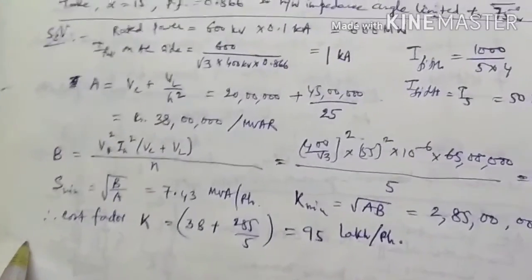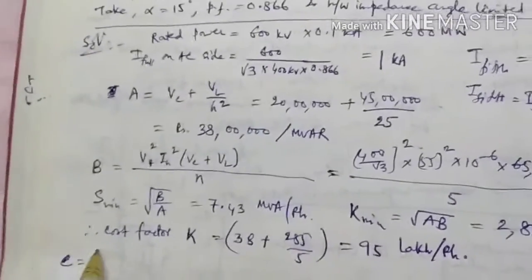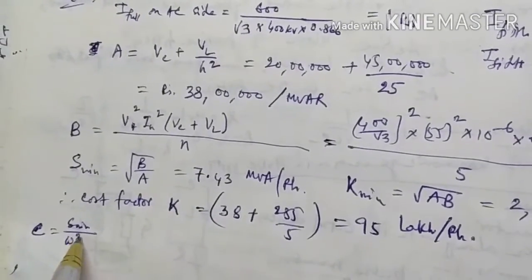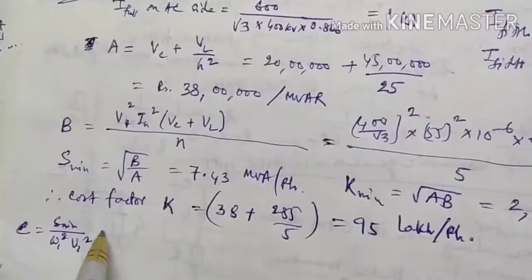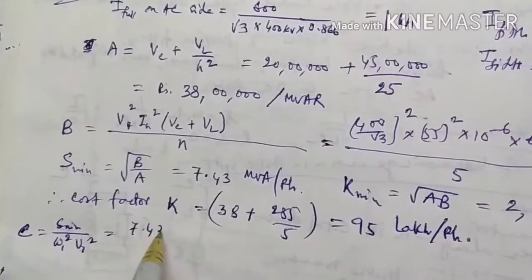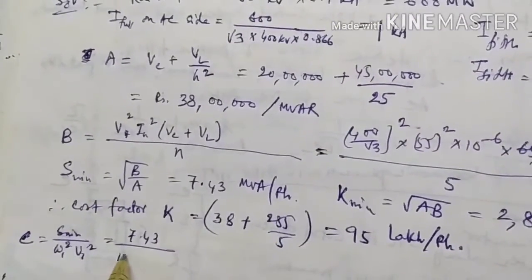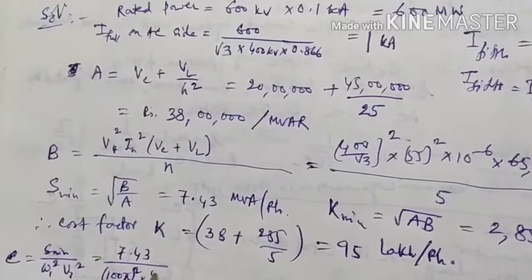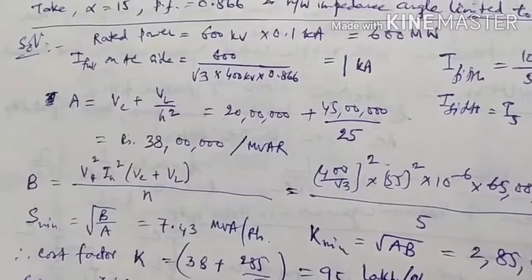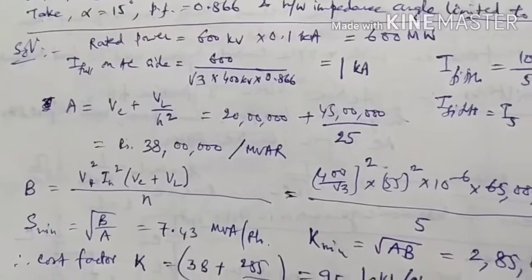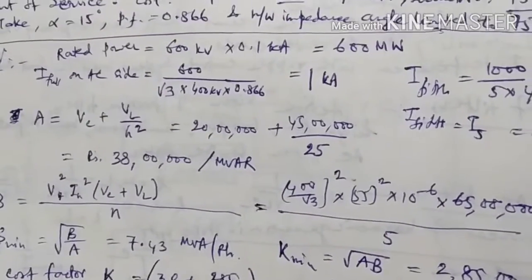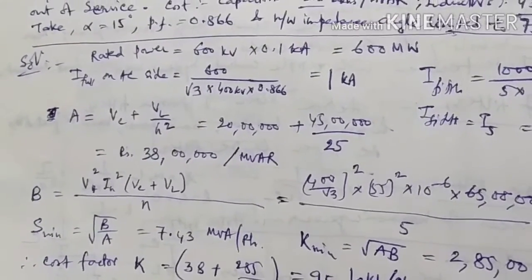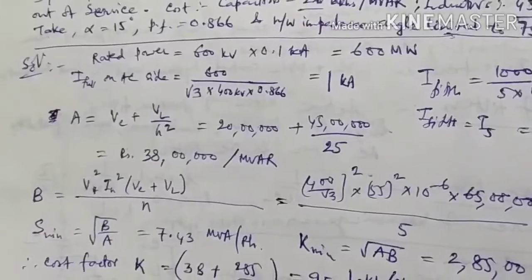Next, C will be equal to S min by omega 1 square V1 square. S min is 7.43 divided by 100 pi whole square into 400 by root 3 whole square. That will be equal to 0.455 microfarad. And what is the value of L?